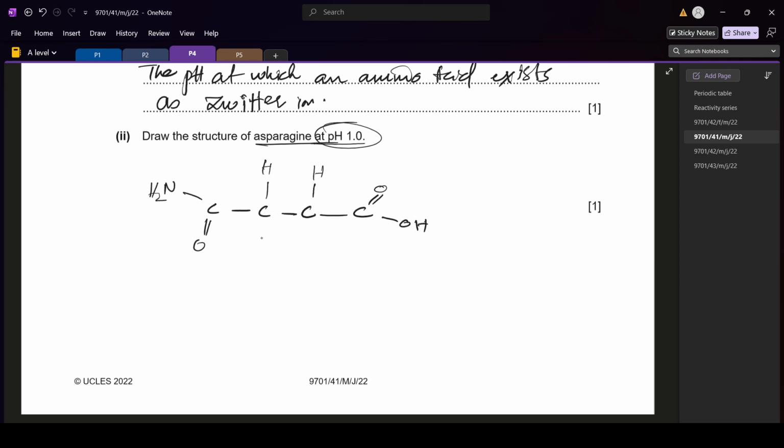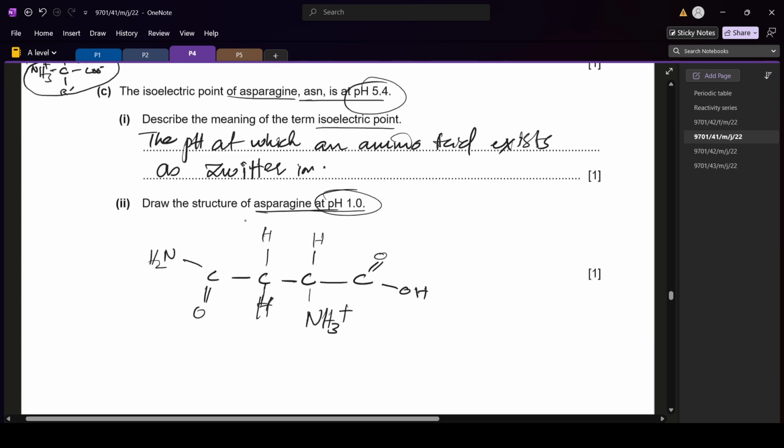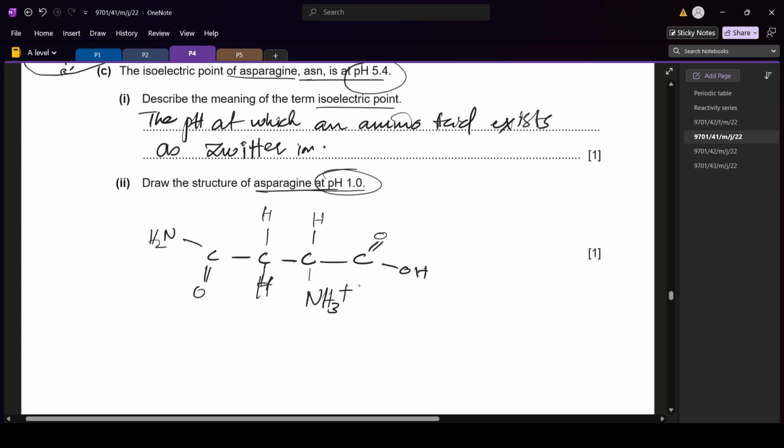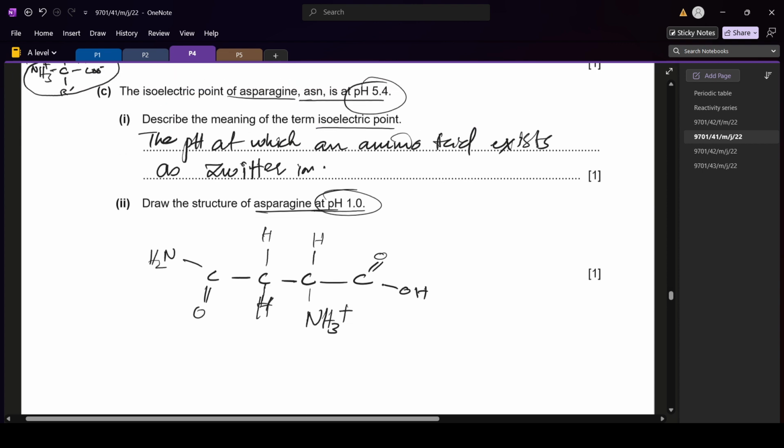Now you will have this positive charge. Okay, you have to remember that a pH below the isoelectric point will give you the positive charge because this acid will form. Okay, so that's why the pH is decreased. Okay, this carboxylic acid is formed.